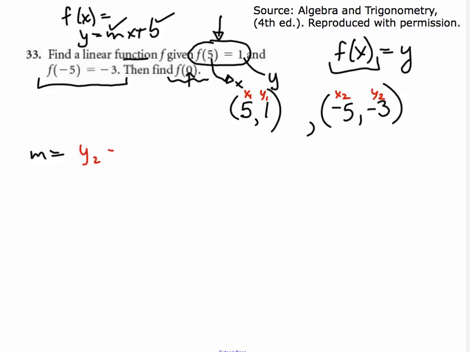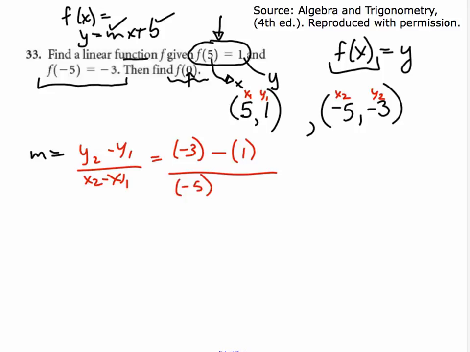So the formula is y2 minus y1 over x2 minus x1, equals y2 is minus 3, minus y1 is 1, over x2 is minus 5, and x1 is 5. All right, so if I do that, minus 3 minus 1 is minus 4. Minus 5 minus 5 is minus 10. So if I simplify, they'll become positive. Divide both top and bottom by 2. My slope will be 2/5.